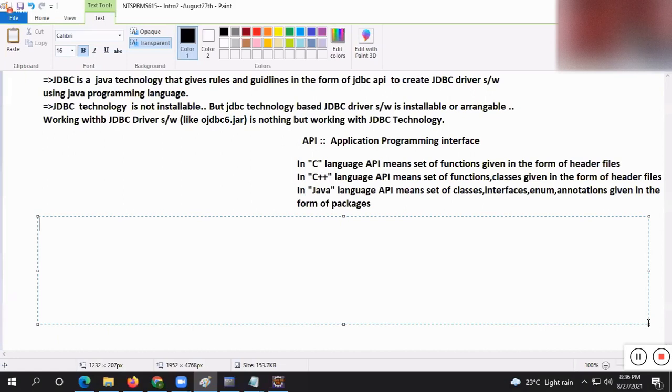If needed, you can take. If not needed, you can ignore. So in Java packages, which represent technology APIs, classes represent guidelines, interfaces represent rules, and abstract classes represent rules and guidelines.